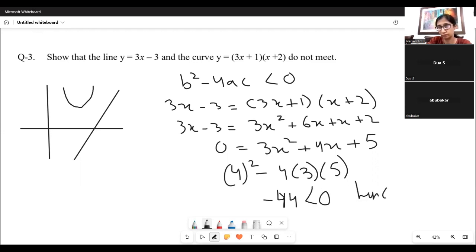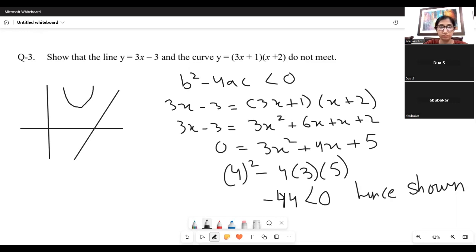Hence shown. So we have to show that the discriminant is less than 0, and that is what we did. Question 4.